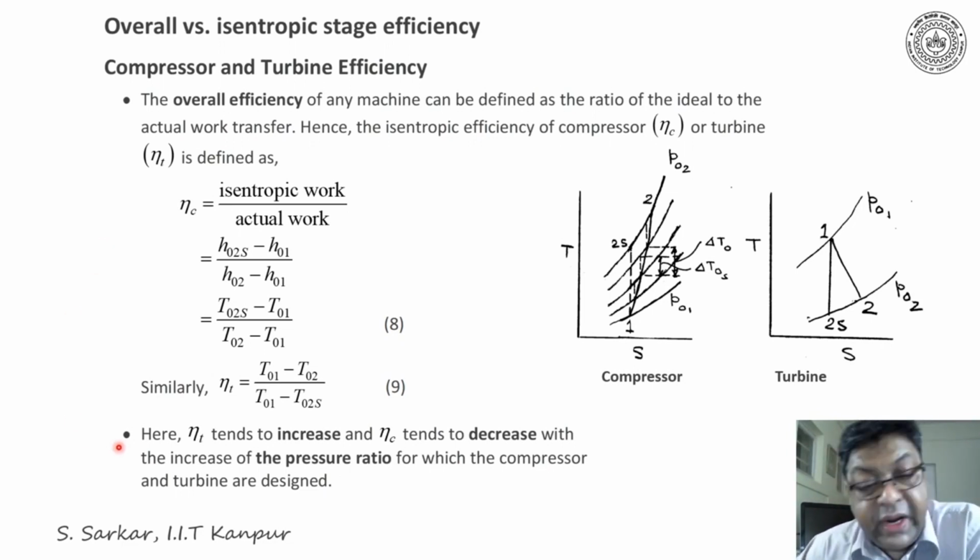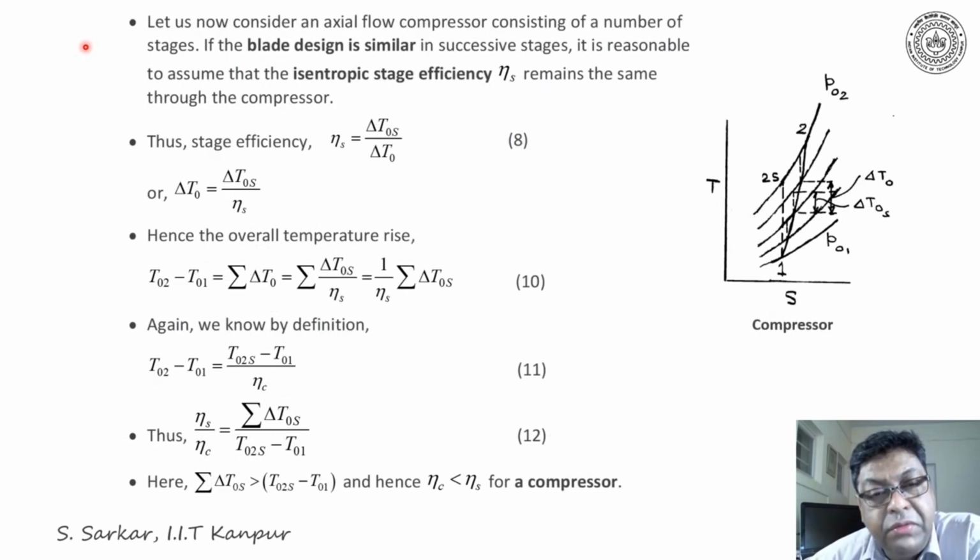Furthermore, please note that eta T tends to increase and eta C tends to decrease with increase of pressure ratio for which the compressor or turbine are designed. Let us now consider an axial flow compressor consisting of a number of stages.